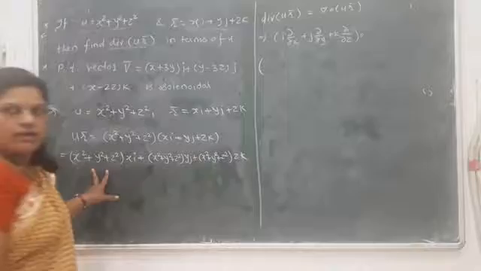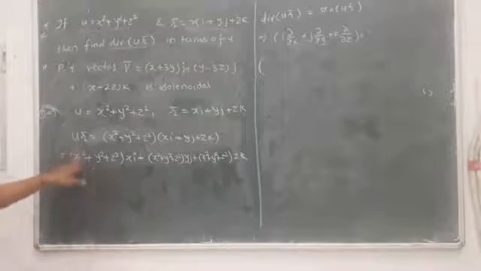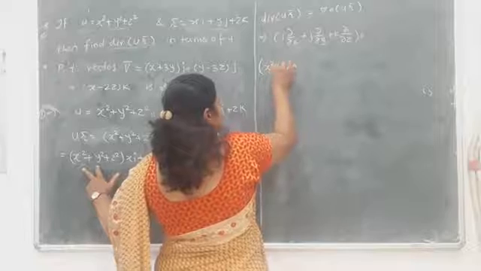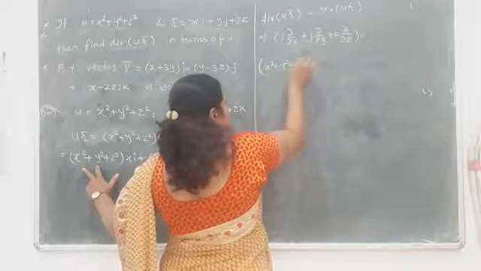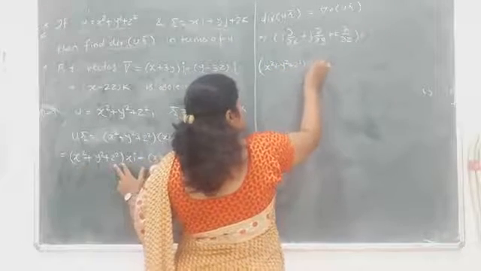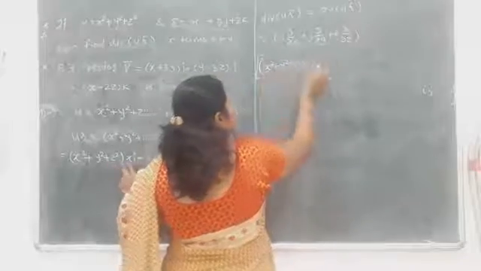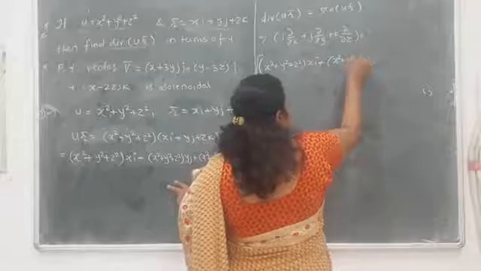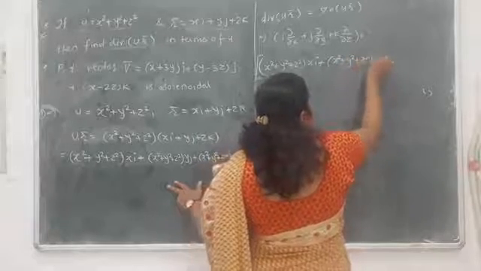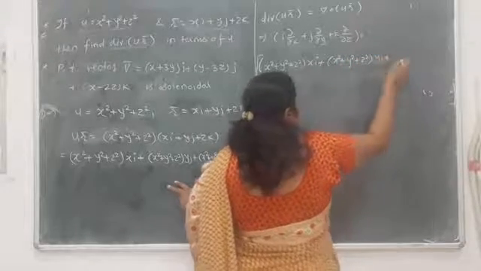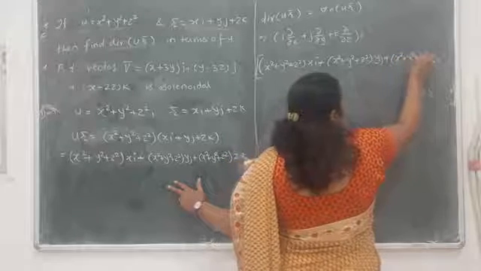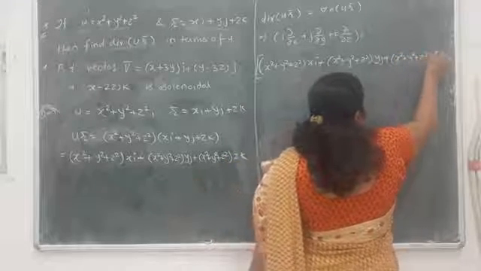We put the value of u r bar here: (x square plus y square plus z square) into xi, plus (x square plus y square plus z square) into yj, plus (x square plus y square plus z square) into zk.